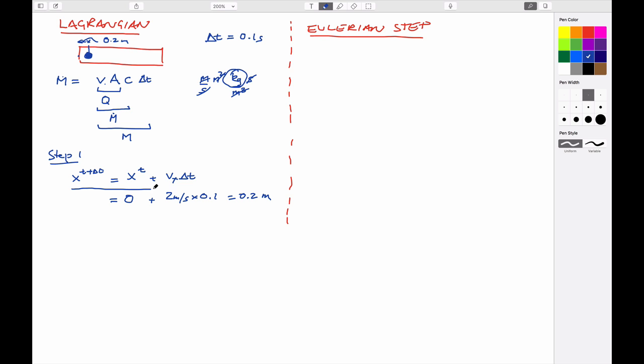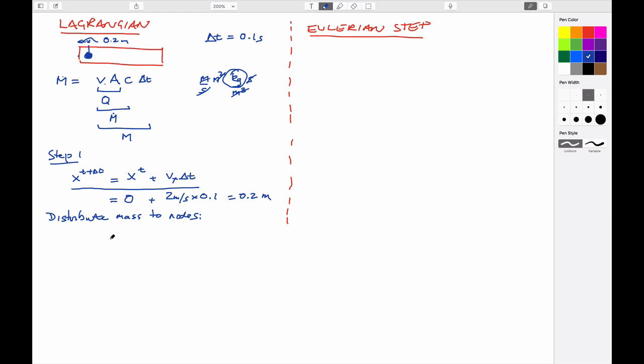It'll just be updated by a value of x. And so what we can do from that is we can distribute the mass to the nodes.